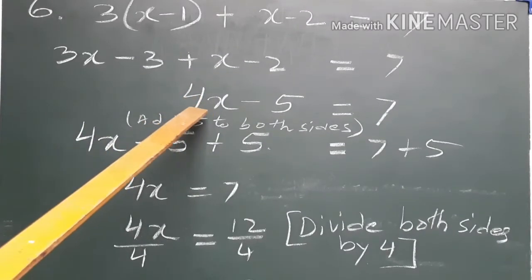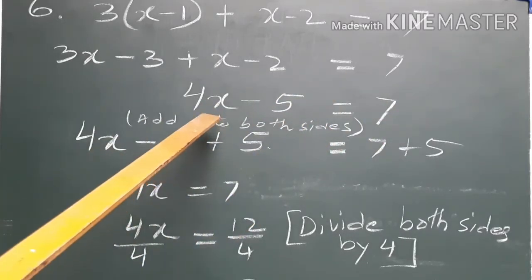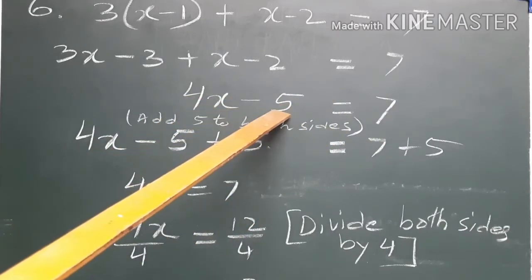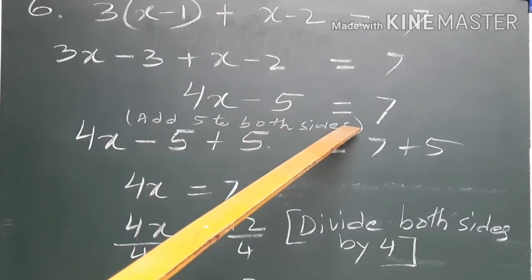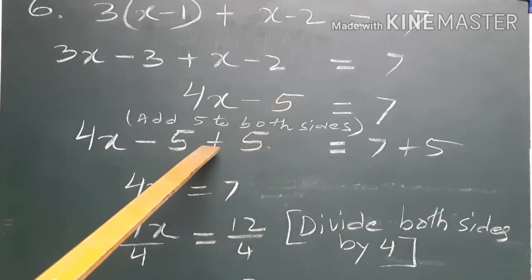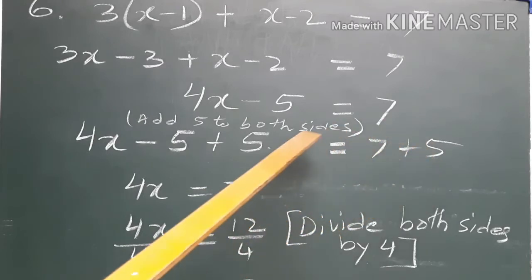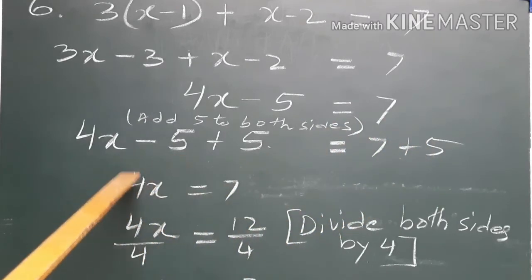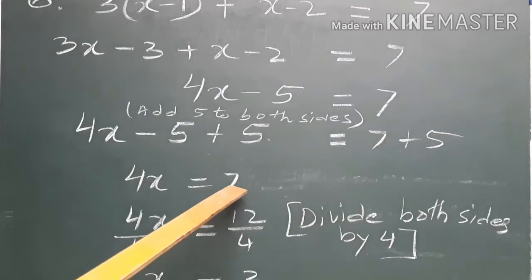So we are left with 4x minus 5 is equal to 7. Now we have to remove this minus 5. In order to remove minus 5, add 5 to both the sides. Since it is minus 5, we have to write plus 5, so on the other side also plus 5. So we are left with 4x, and this becomes 12 here.